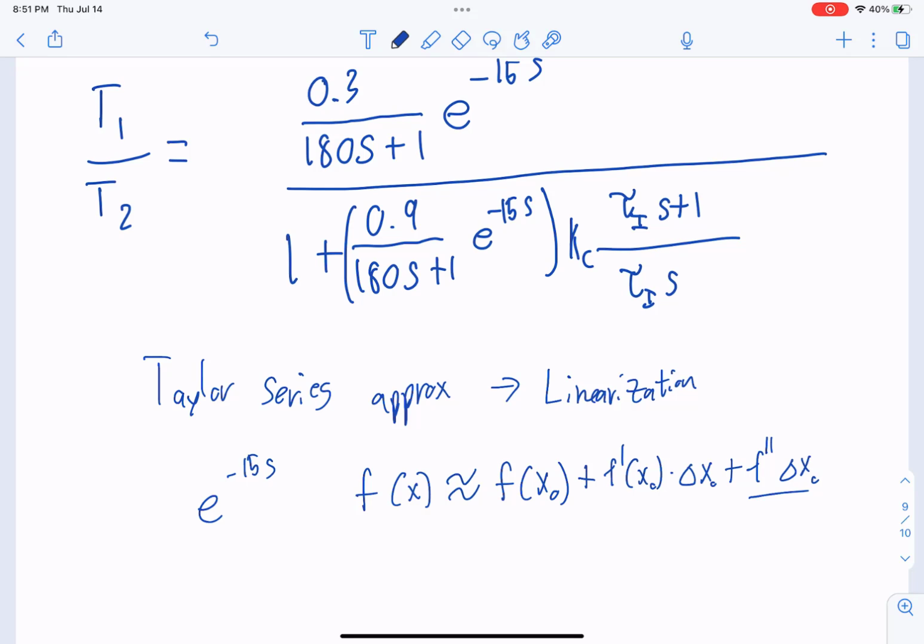Yeah, it's over 2. And then after that, it keeps on going up. But let's just focus on the first two terms here.